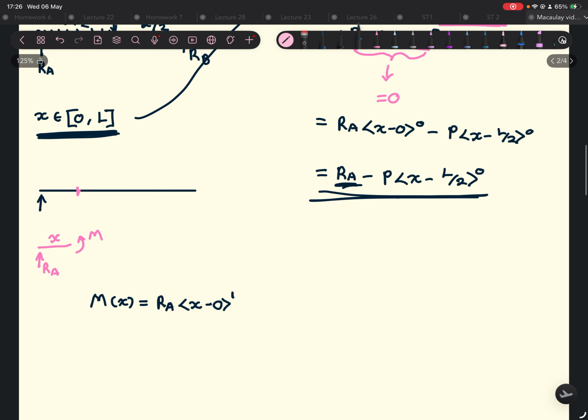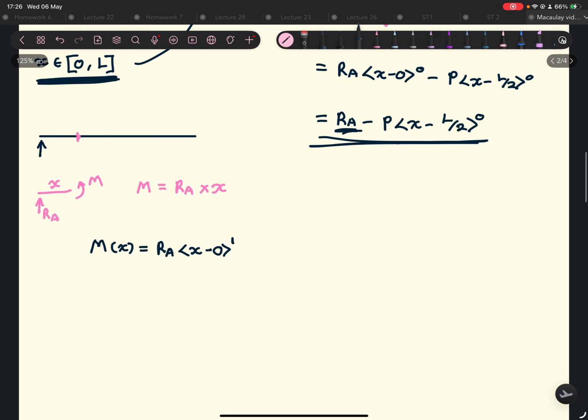And then if we look at this diagram over here, our moment M must be equal to RA times X, right? And we expect to get the same equation over here. Okay, so if we simplify this, what do we get?